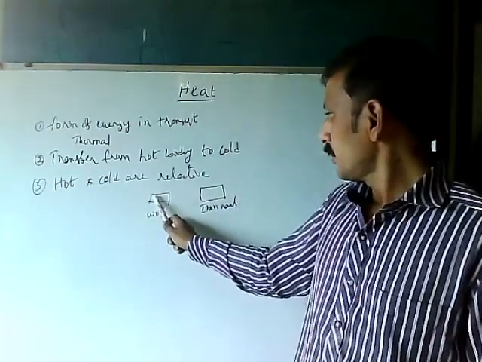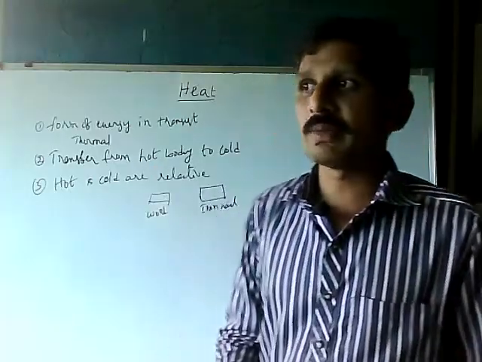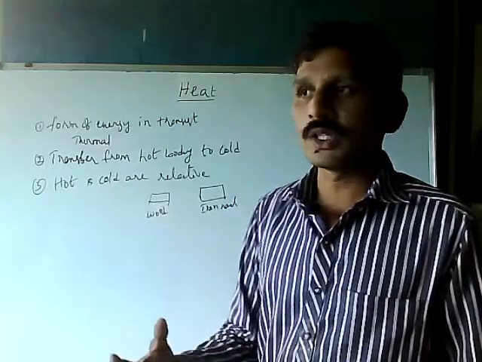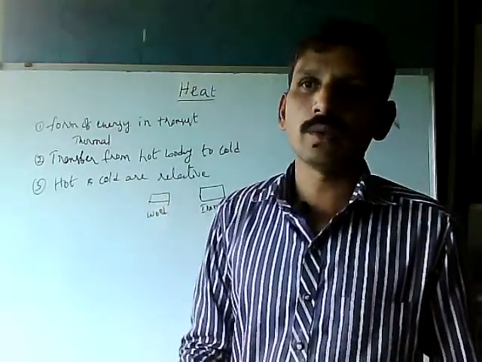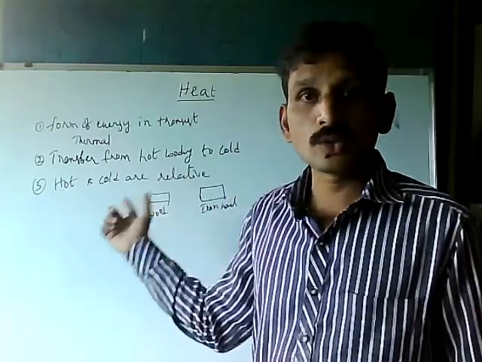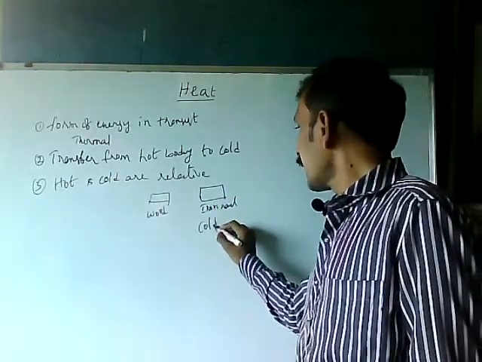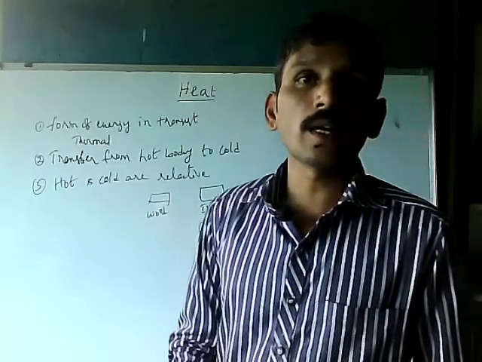After 15 minutes, we take them out and touch the wood and iron piece simultaneously with our two hands. When we touch these two objects, we feel that iron is colder than wood.